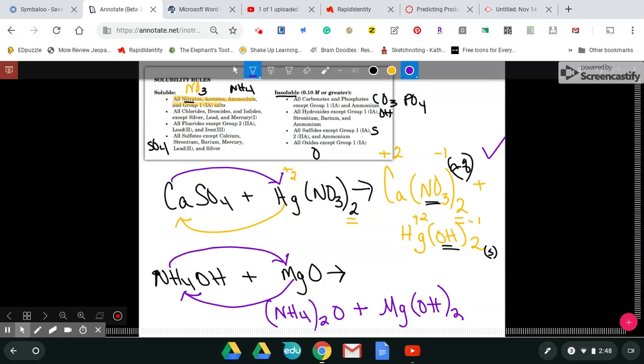So you've got to look, first of all, NH4 is right there, ammonium. So this is going to be AQ. All right, hydroxides right here. Magnesium is not one of the exceptions, so this would be a solid. So both of these would occur. All right, let's try a different one.